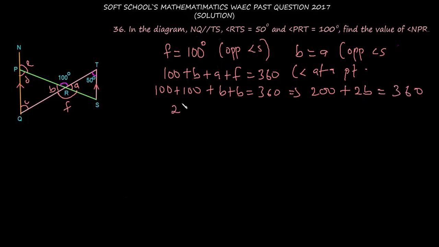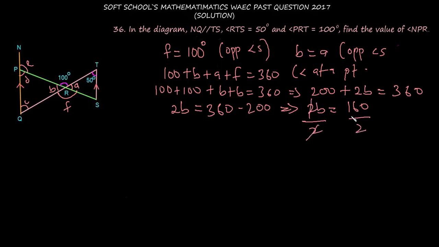So 2B is equal to 360 minus 200, which is 160. Divide both sides by 2, and B is equal to 80.